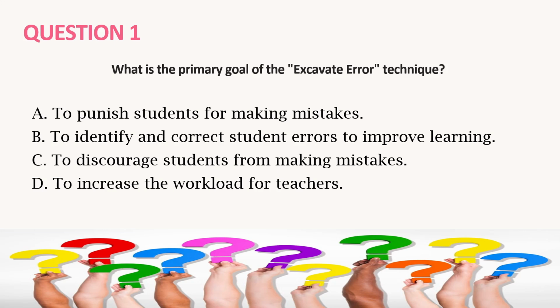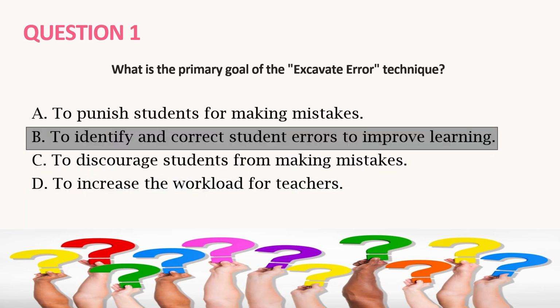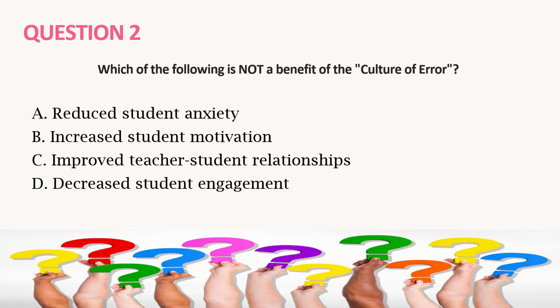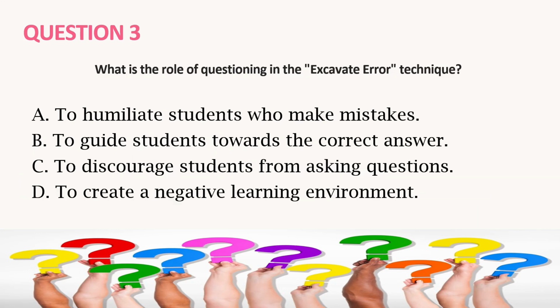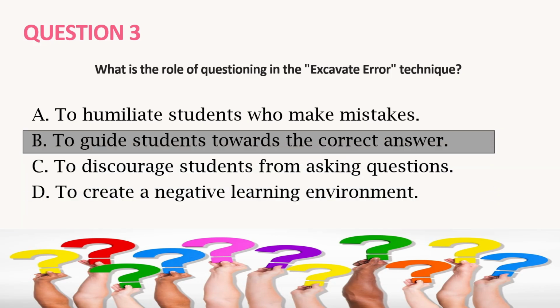So the answer in question number 1 is letter B, to identify and correct student errors to improve learning. Question number 2, our answer here is letter D, decrease student engagement. Question number 3, the correct answer here is to guide students towards the correct answer.